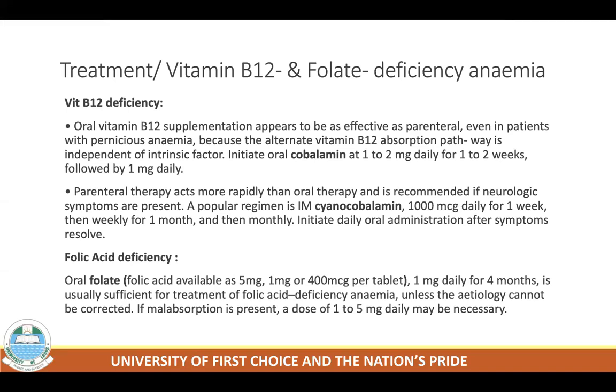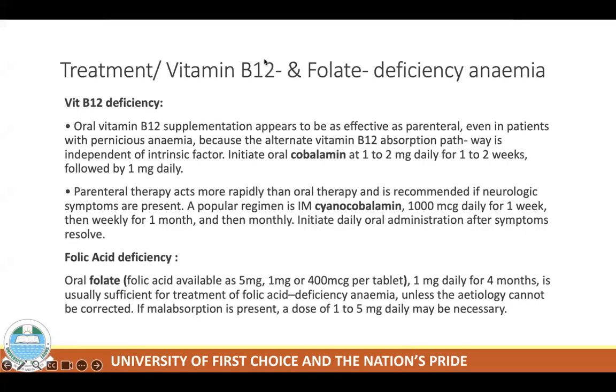That's about 1 milligram. But the formulation commonly available in Nigeria is 5 milligram, so it's still fine to use that. There are no side effects since it's mostly removed in the urine.